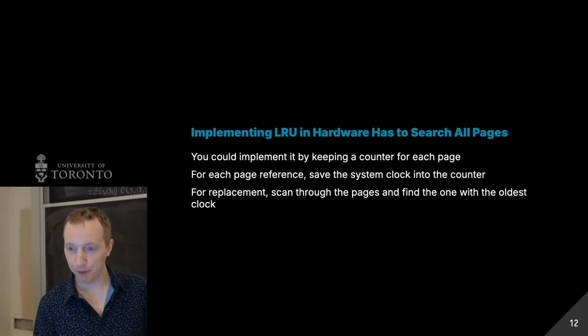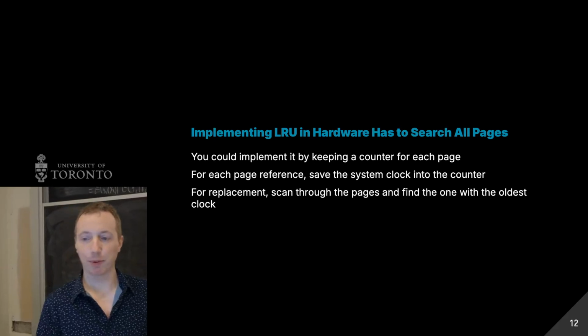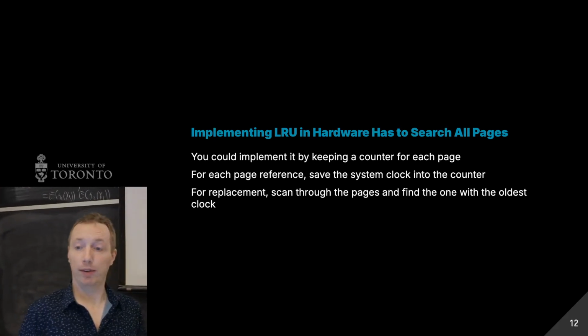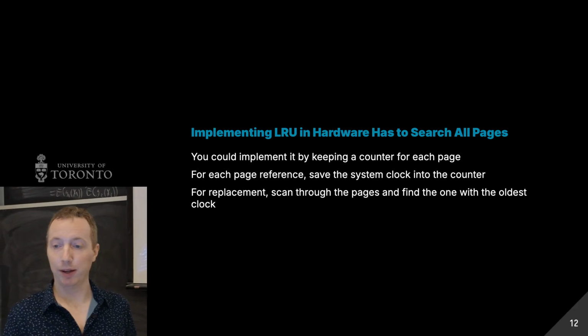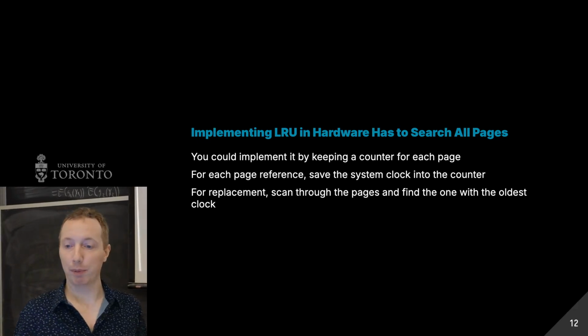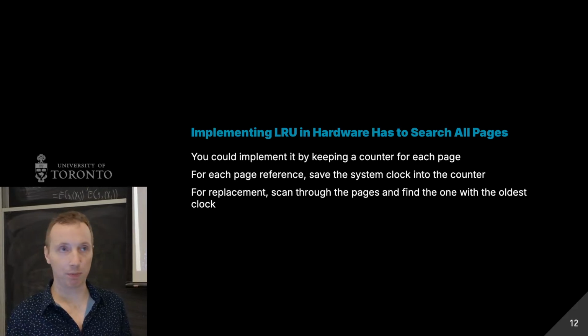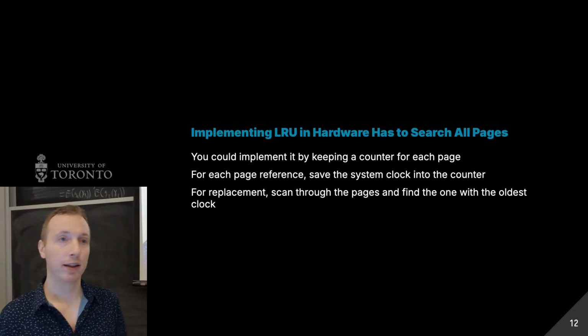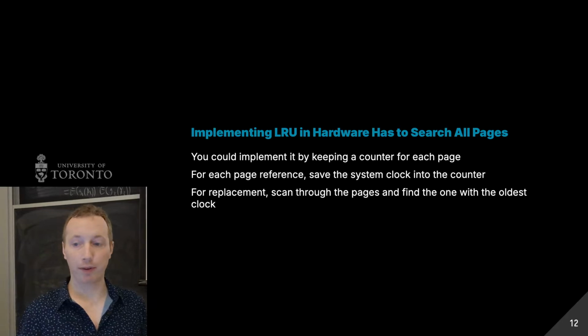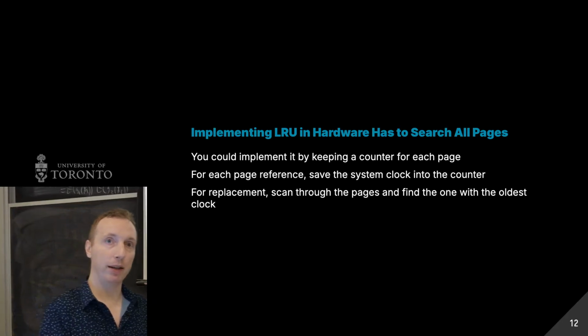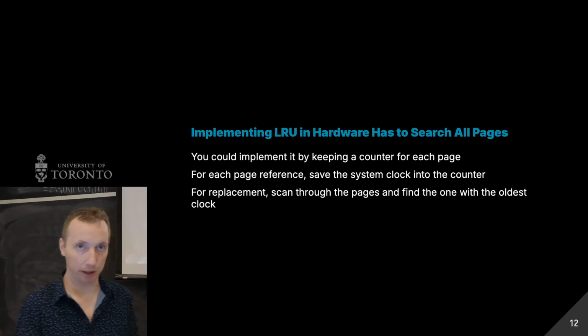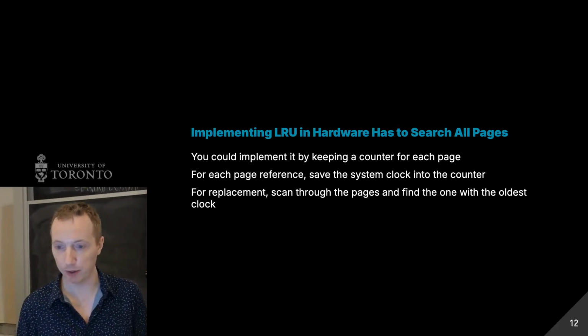So if you try to implement this in hardware, it's quite slow. So for the replacement, it basically has to search all of the pages in memory. You could keep like a counter or a timestamp for each page when it was last accessed. Then each time you reference that page, you update the timer on that page because, well, now you've used it recently.